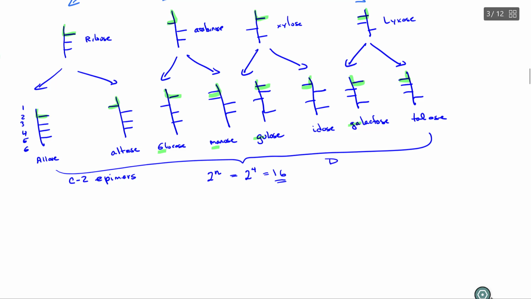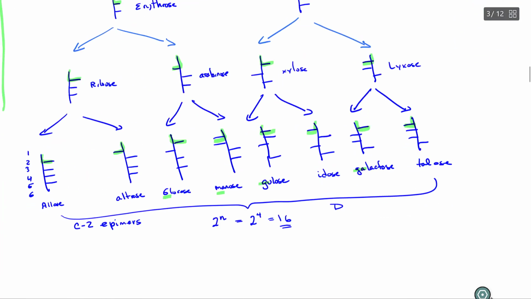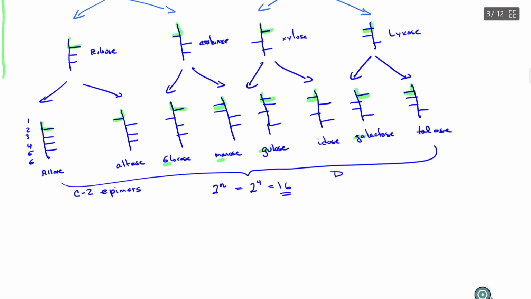And if you draw the mirror images of all these, for example, instead of D-allose, you draw L-allose, that will constitute another stereoisomer. That's where the other ones are. They're not actually drawn because I started with this stereoisomer and said, hey, that one is going to the right-hand side. And since it's going to the right-hand side, I've essentially eliminated half of the stereoisomers, the L isomers, in these drawings.